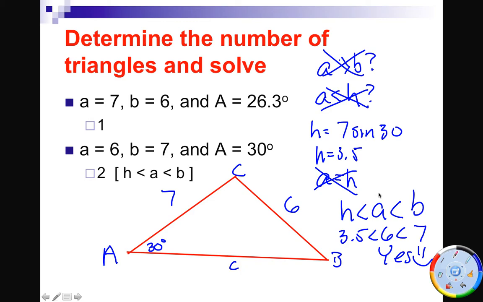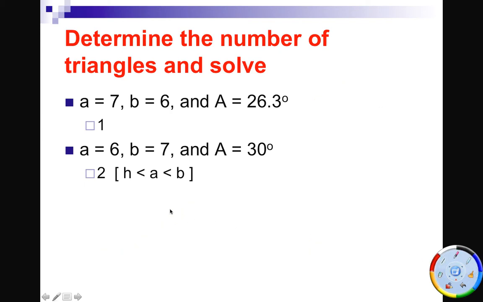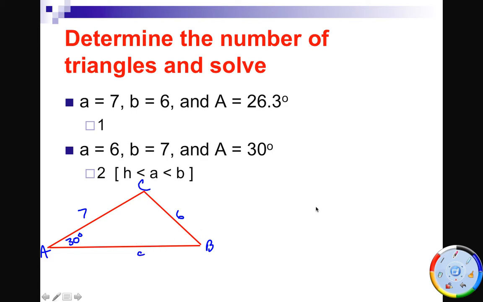Oh, that means we have to figure out what the two triangles are. So I'm going to erase this and try to draw two triangles. We already have the one that was given to begin with, and the question is, what's our other triangle going to look like? This is the hard problem.